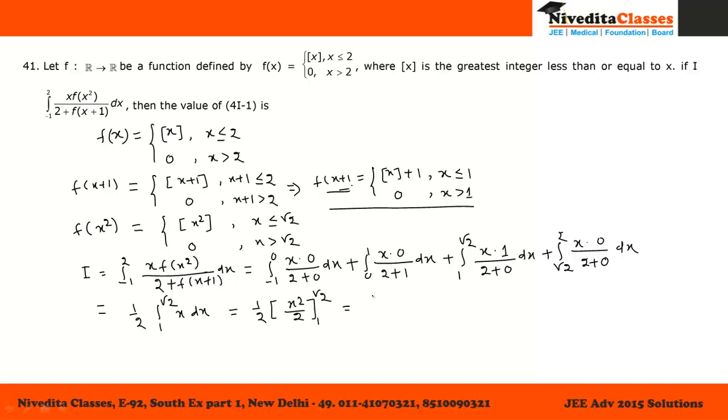That will be 1 by 4 into root 2 square minus 1 square, that will be 1 by 4. That implies 4I is equal to 1, so 4I minus 1 is equal to 0.